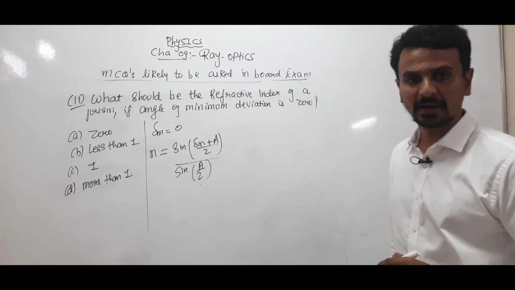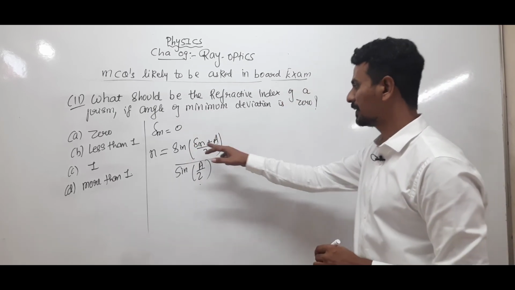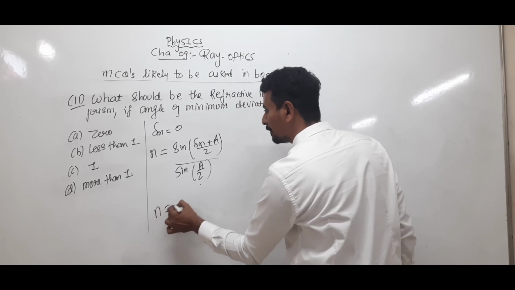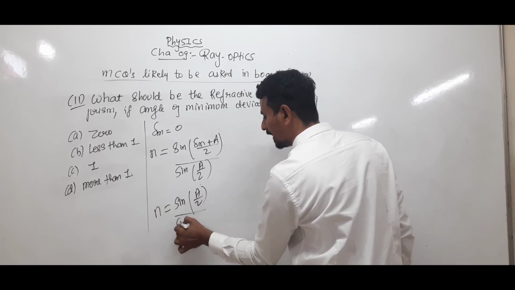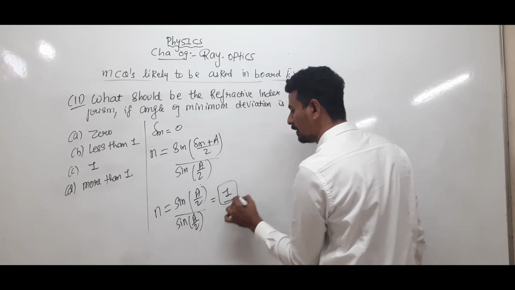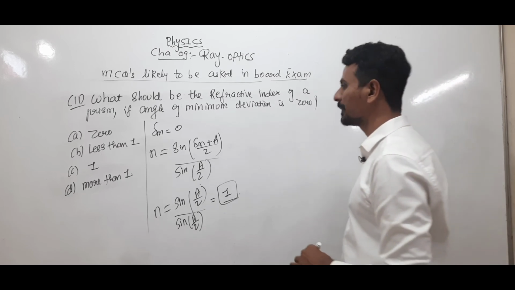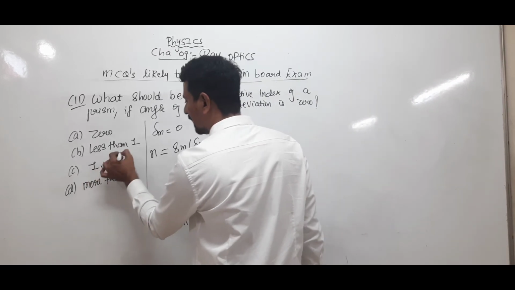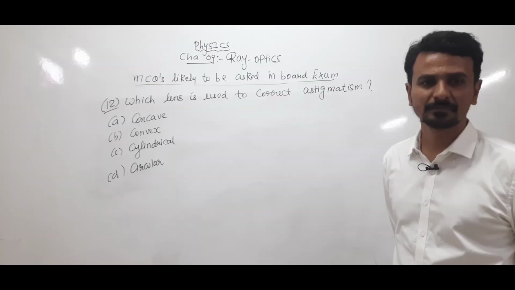It is given that the angle of minimum deviation is 0. Placing 0 over here, n will be sine A by 2 upon sine A by 2, so this will equal 1. So the refractive index of the prism will be 1 when the angle of minimum deviation is 0. So C is the correct option. Fine? Clear? The next one.